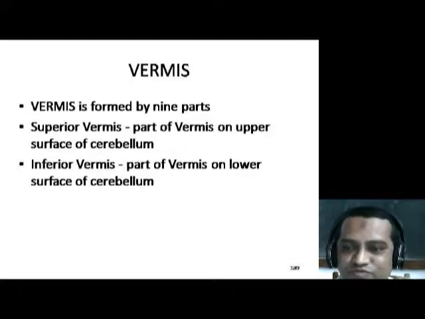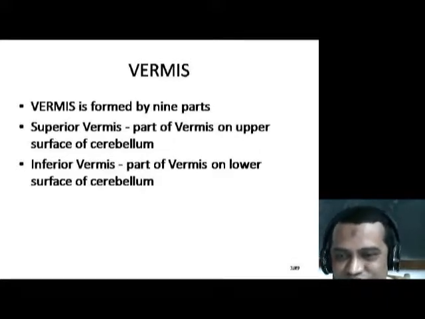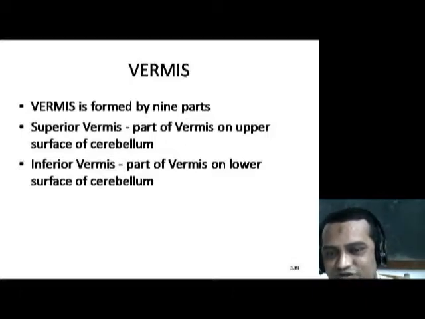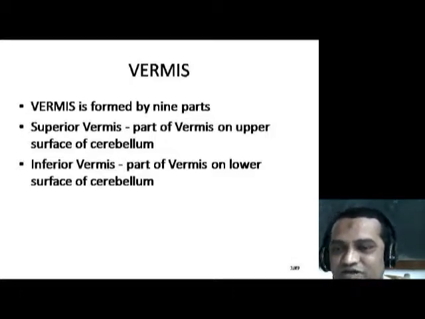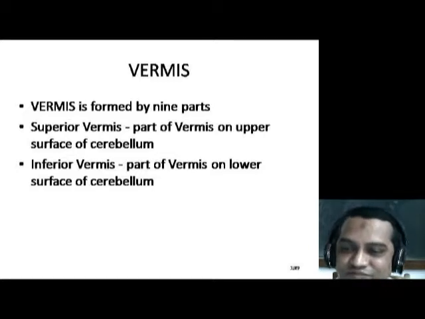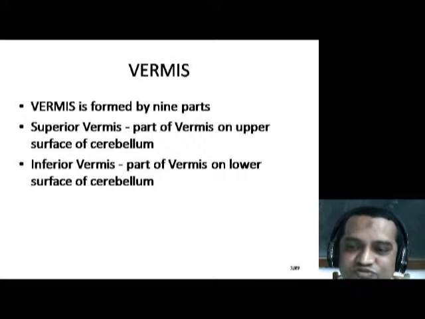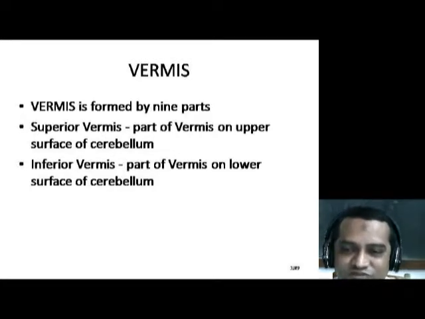Among those 9 parts, those parts of vermis which are situated on the upper surface of the cerebellum are called as superior vermis, and those parts of the vermis which are situated on the lower surface of cerebellum are called as inferior vermis. So here you can see this one is the cerebellum.